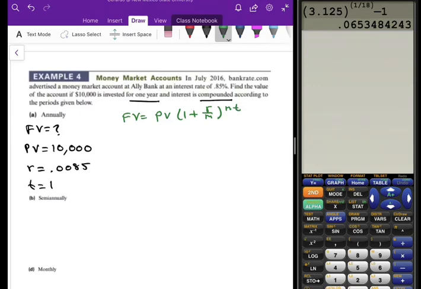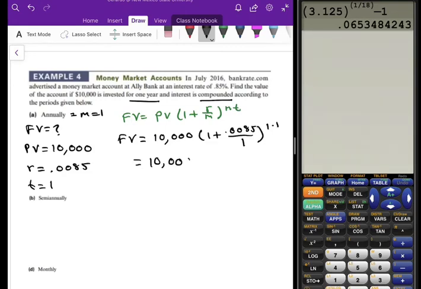So I have future value equals 10,000 times (1 plus 0.0085). This is annually, so on this one, m is equal to 1.